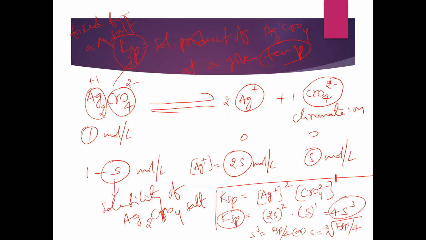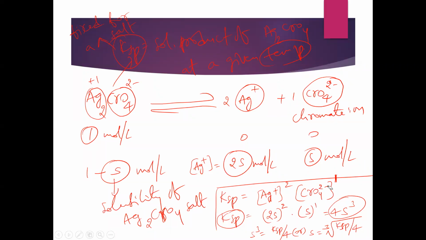First you must know how many cations and how many anions one molecule of a sparingly soluble salt gives. Here 2 cations come, that's why 2S concentration, and 1 anion comes, that's why S. Then (2S) whole power 2, S power 1. That is the formula for solubility product, according to the law of mass action.